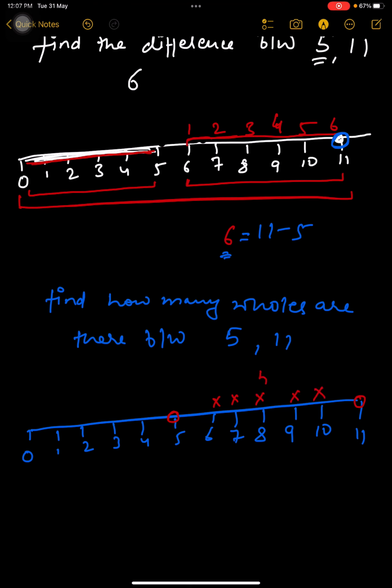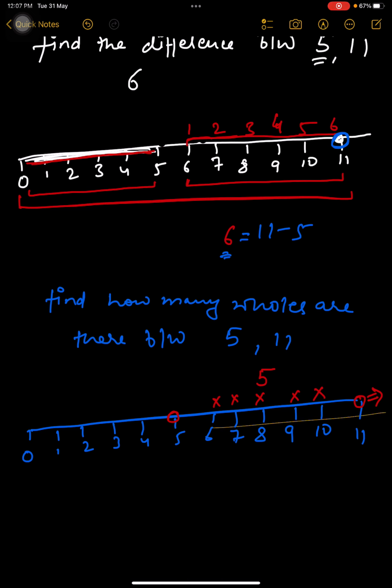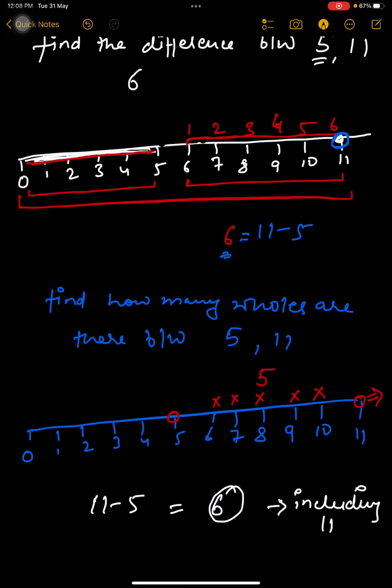So how many numbers are there? 5 numbers. I excluded 11 as well, right? So from this we conclude, if we take the difference between 11 and 5, I get 6, and in those 6 numbers I am including 11 as well.